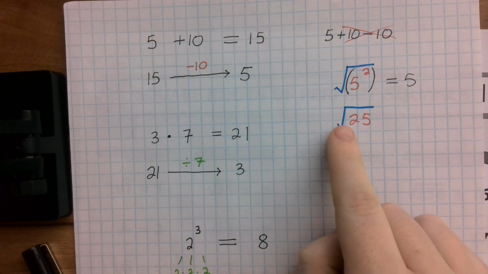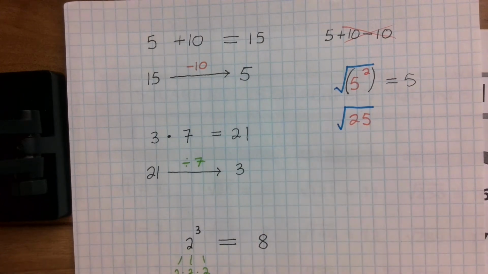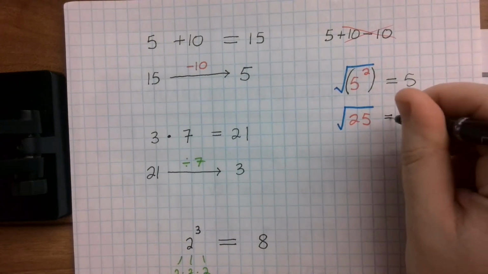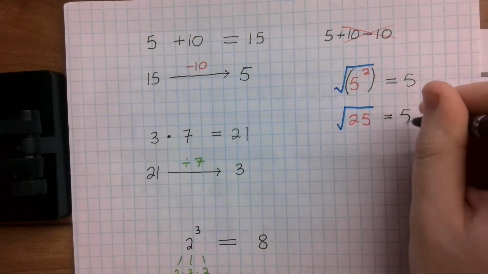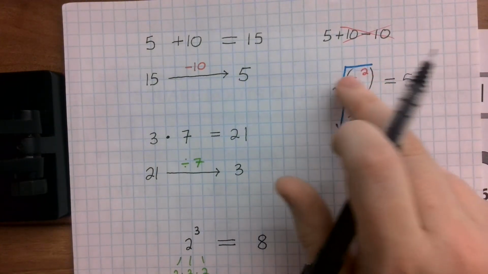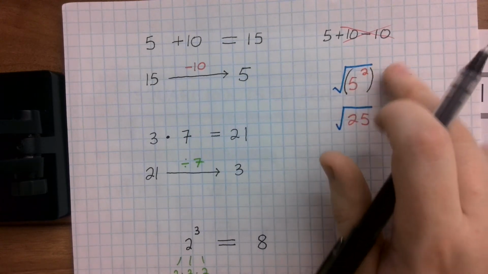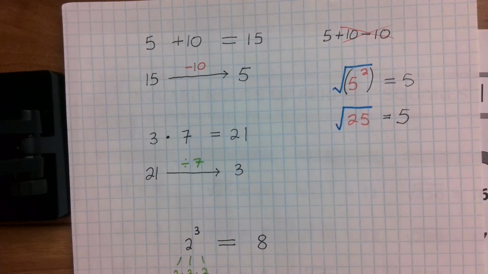What number times itself makes 25? Well, we know 5 times 5 is 25. The square root of 25 is just 5 again. So, these two inverse operations would cancel each other out. 5 squared, and then you take the square root, that'll just give you 5.